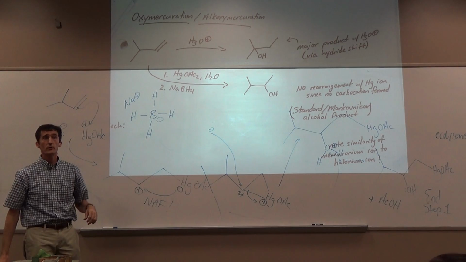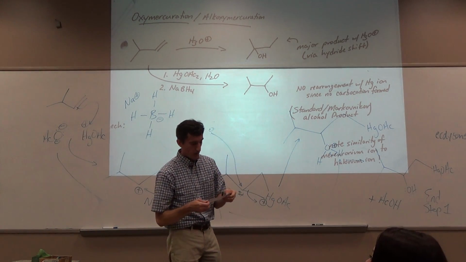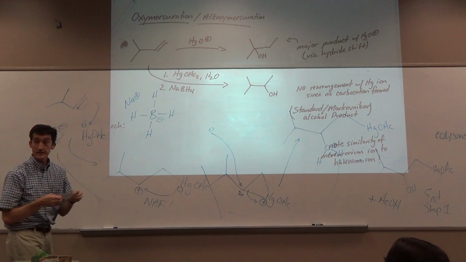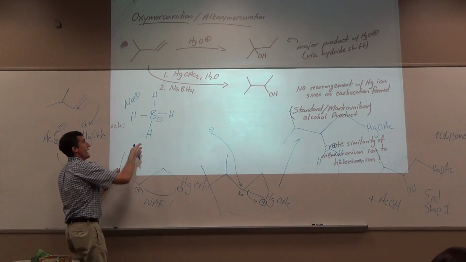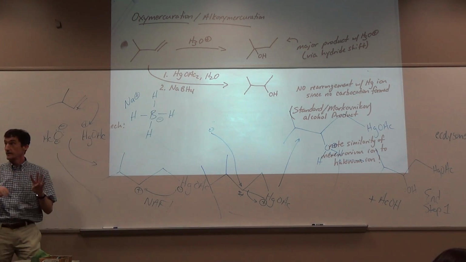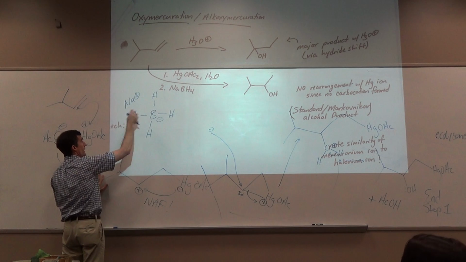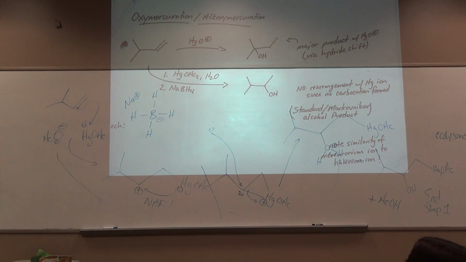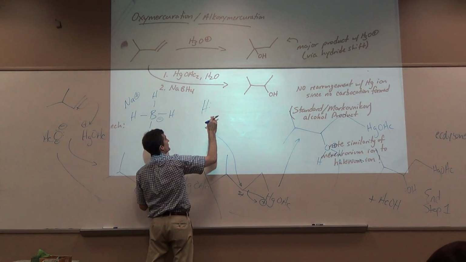How many valence electrons does boron have? Where's boron on the periodic table? It's right next to carbon, right to the left of carbon. 3 electrons. But here the boron has 4. So it's got 1 extra, so it's minus. Sodium borohydride is a source of H, 2 electrons.